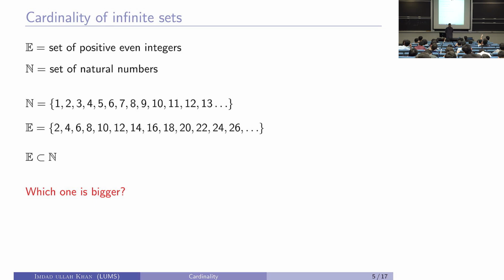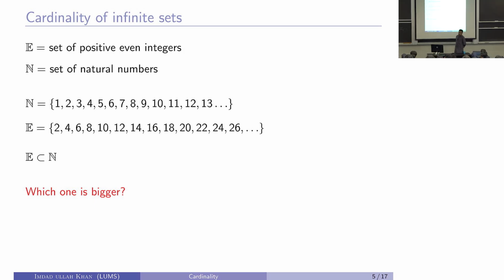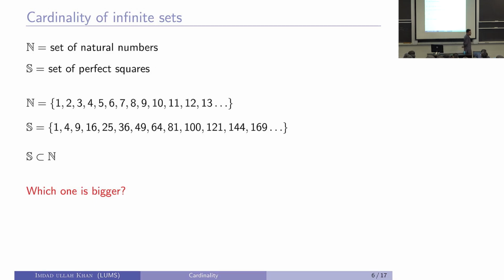E is a subset of N, right? In addition to E, N has also odd positive integers, right? So E seems to have fewer elements.